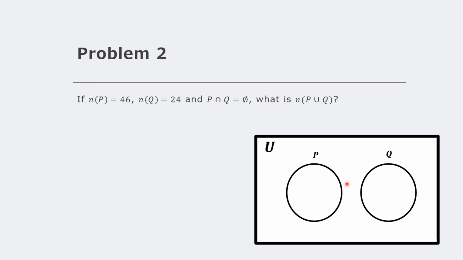So there are no common elements between the two. So when you want to find the cardinality of the union of these two, you just add up their cardinalities. So 46 plus 24, the answer is 70.